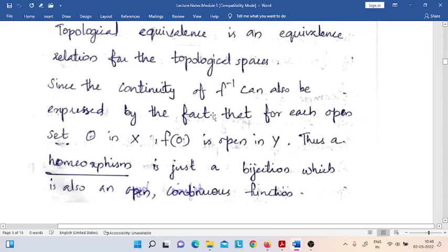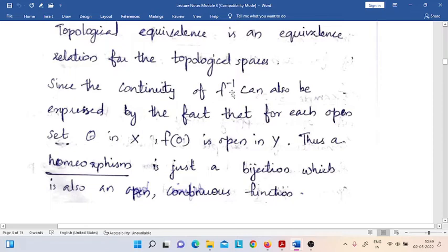In this video we are going to have further discussions on topological equivalence of topological spaces and on topological properties. We know that when the function f, which is defined from the topological space X to Y, is a homeomorphism, then its inverse function f inverse must be continuous.